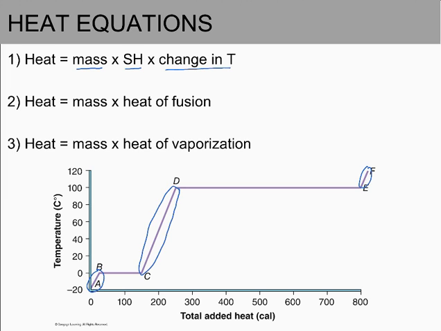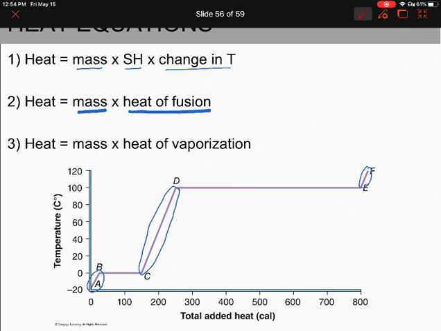Now, the second equation tells us that heat is equal to mass times the heat of fusion. The only area that we can use that is between B and C. So during the melting step, or fusion step, we can use equation 2 to calculate how much heat we need. And the last one tells us that heat is equal to mass times the heat of vaporization.